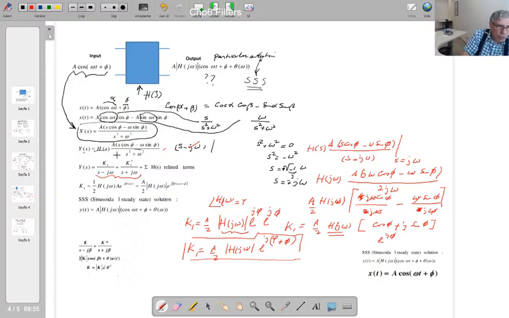So what is this part corresponding to in the time domain? So we know from the list that if there are fractions like those in the s domain, the corresponding time domain function is this.